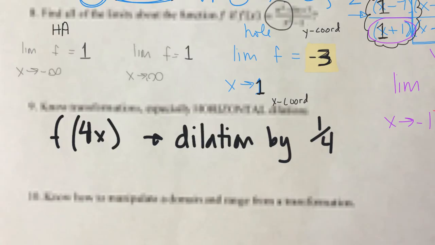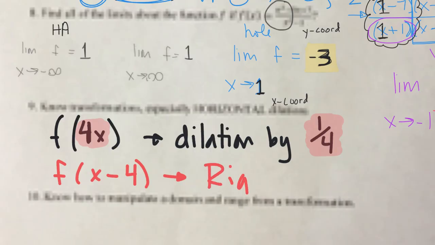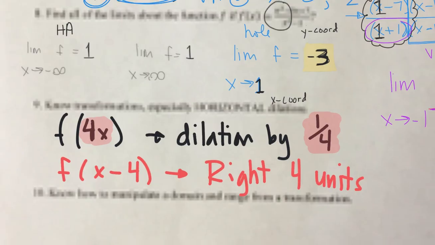So if we have multiplication in our parentheses, that means we actually have a division of your dilation. Okay, and then if we had a minus 4 in your parentheses, right, we're moving that 4 units to the right. So this is a right 4-unit translation because our parentheses don't tell us the truth. Everything outside is the same, but on the inside they are opposites.